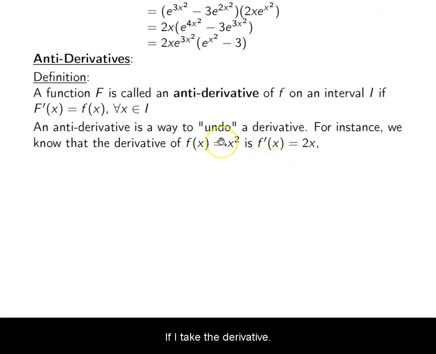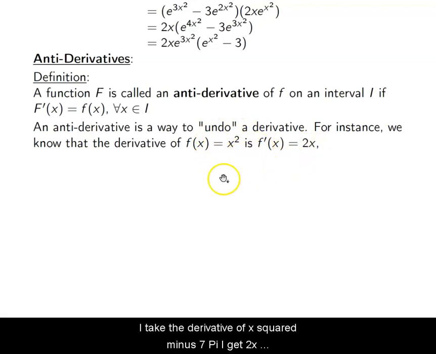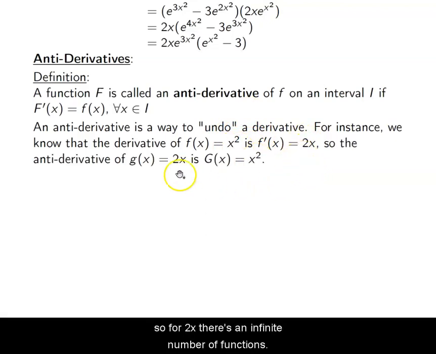If I take the derivative of x squared plus 1, I get 2x. If I take the derivative of x squared plus 5, I get 2x. If I take the derivative of x squared minus 7 pi, I get 2x. So for 2x, there's an infinite number of functions which, if I were to take their derivative, I would get out 2x.